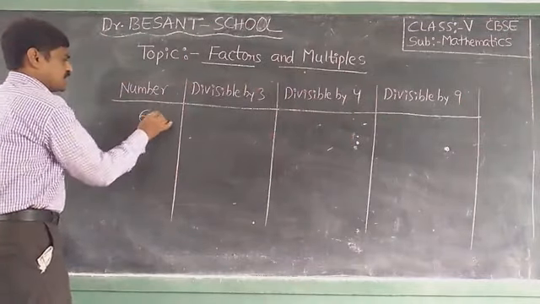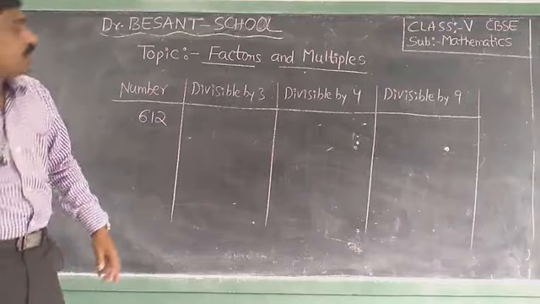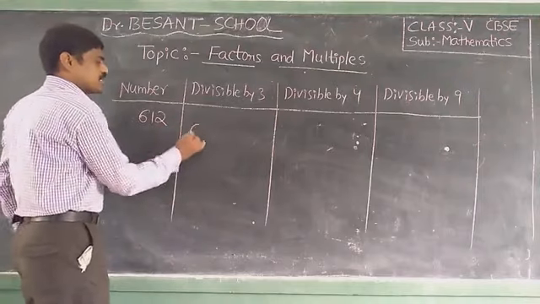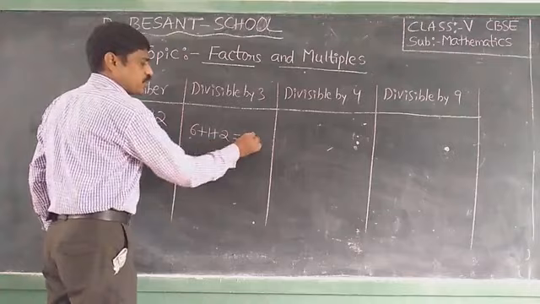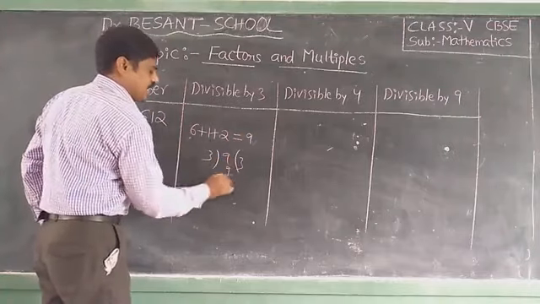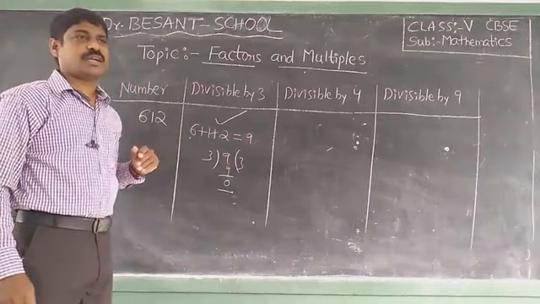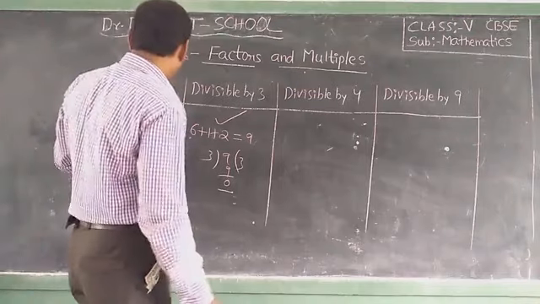Same, 6, 12. First of all, divisible by 3. What we have to do? 6 plus 1 plus 2. 6 plus 1, 7. 7 plus 2, 9. 9 is divisible by 3. 3 3s are 9. The remainder is 0. That's why divisible by 3. Yes, it is divisible.